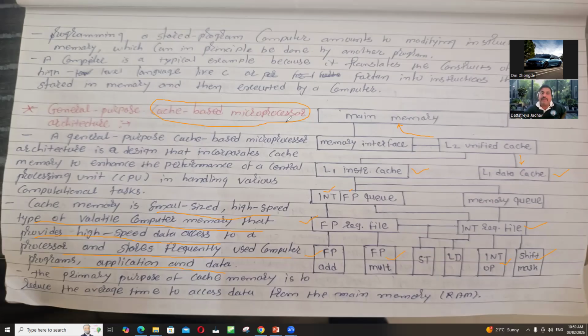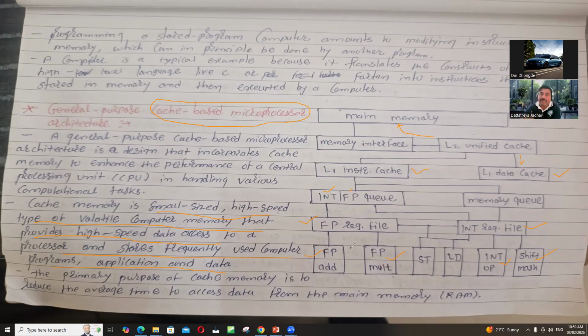The cache-based microprocessor helps to get the data fast and execute simultaneously. Integer data operations are done simultaneously and floating data operations are also done simultaneously, so the result is obtained as early as possible.